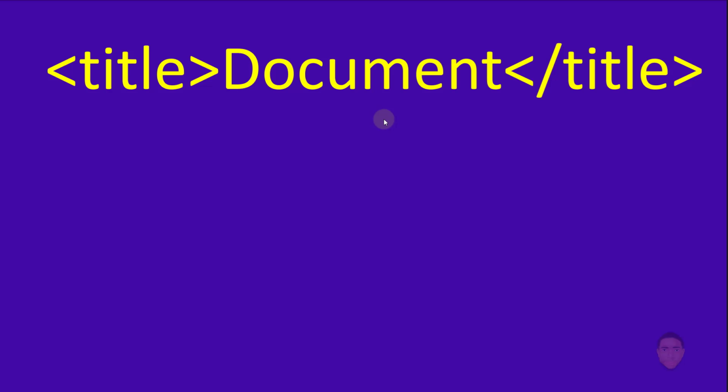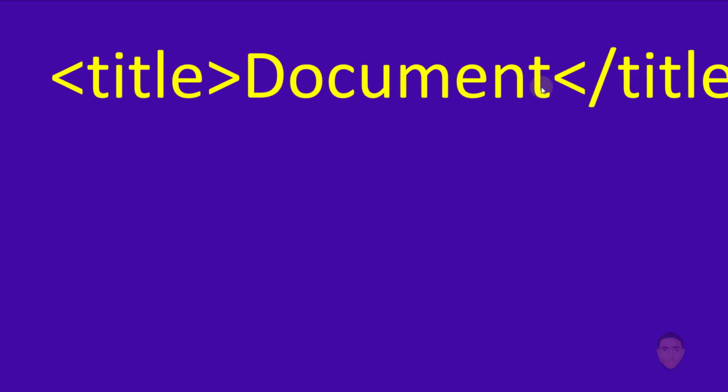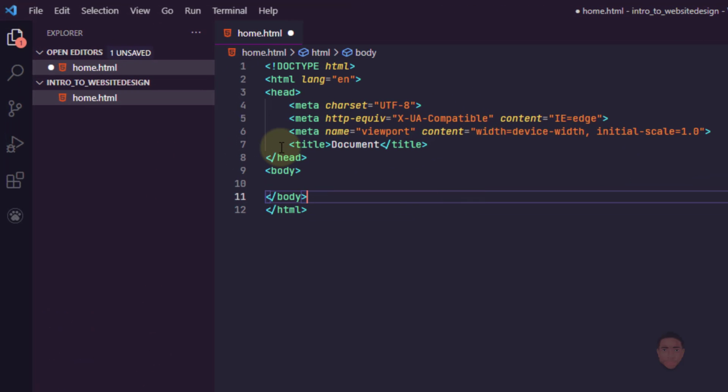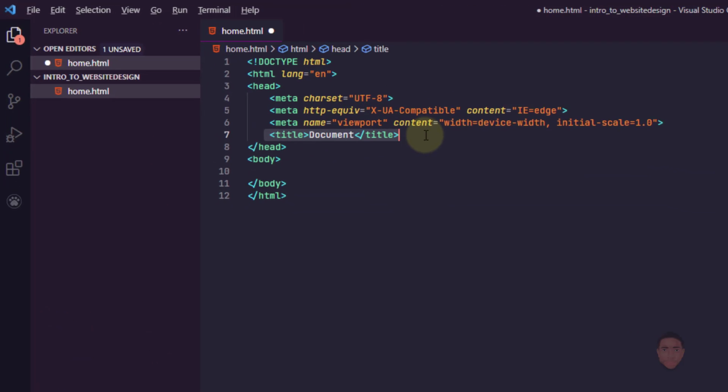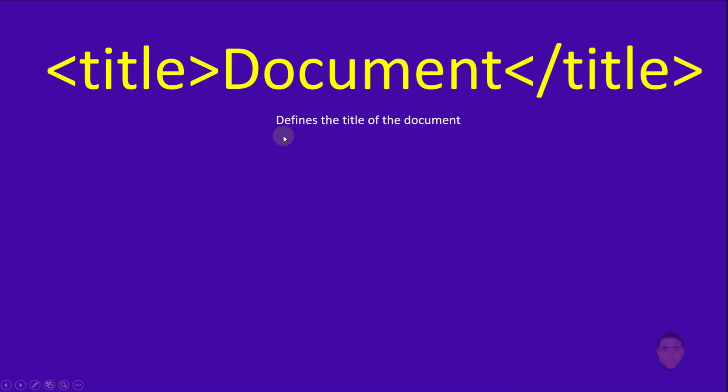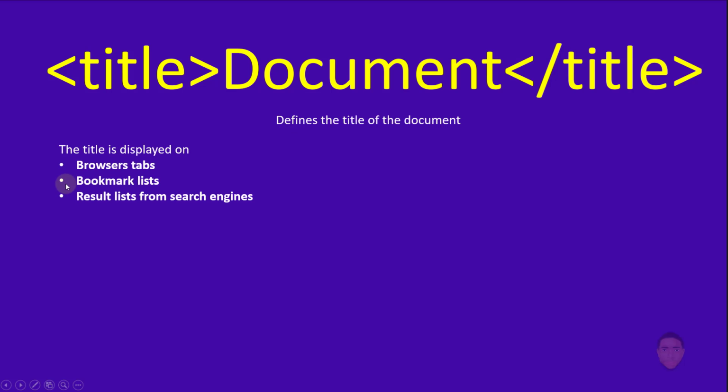Now the other tag you have is the title tag, and I'm just going to show you that in the VS Code. We have that on line number 7, the title. As the name of the tag suggests, the title tag specifies the title of the document. Now this usually is displayed in your browser tab.